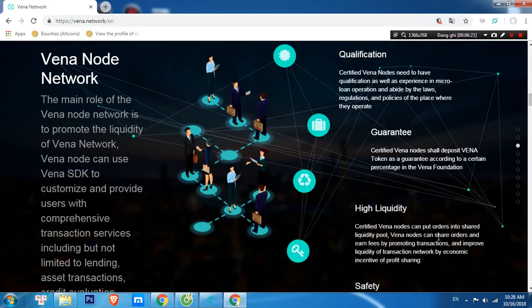In the business channel, the operator is the producer of financing orders and bears the default risk of the debtor, and the asset separation process of financing orders in Vena network is without the need of a trustworthy third party.